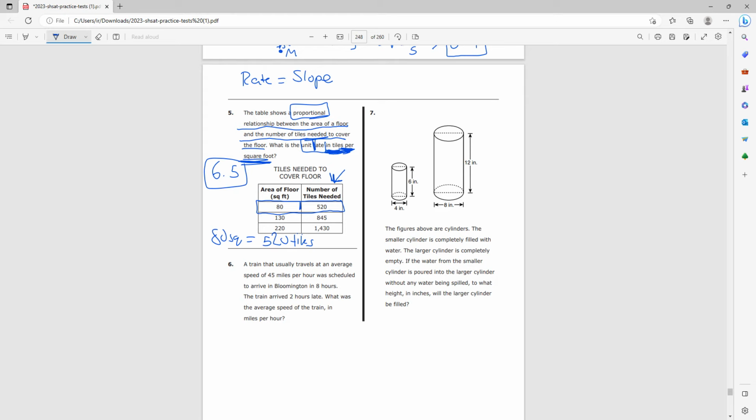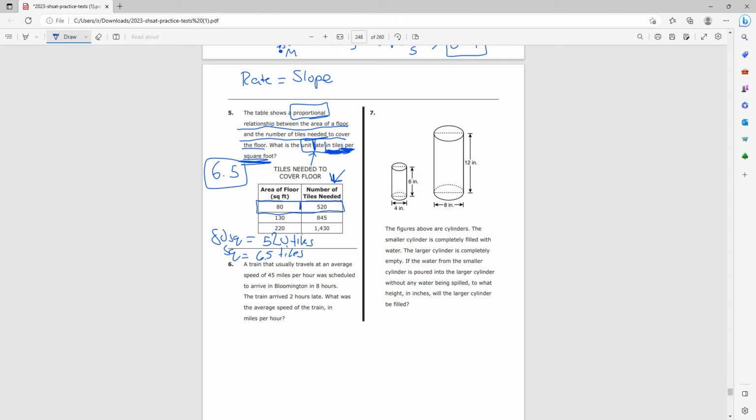The easiest way to do that is just to divide everything by 80 to get that 1 square foot is equal to 6.5 tiles. In other words, it takes 6.5 tiles, and that's our unit rate, per 1 square foot.